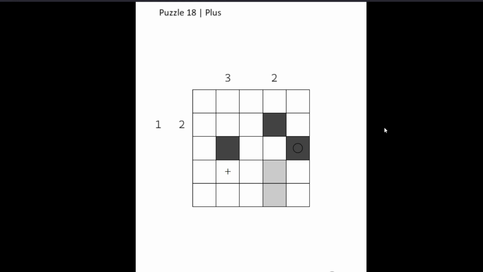Wow, this is so tough. Like, what? Yeah, okay. I mean, okay, clearly I need the plus sign, but I don't understand the plus sign. We got a nice unique solution.